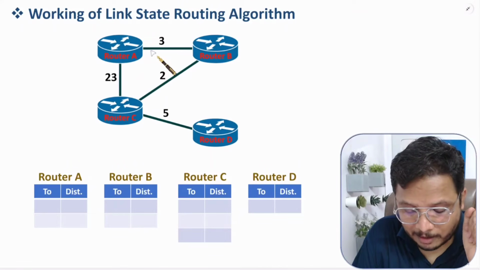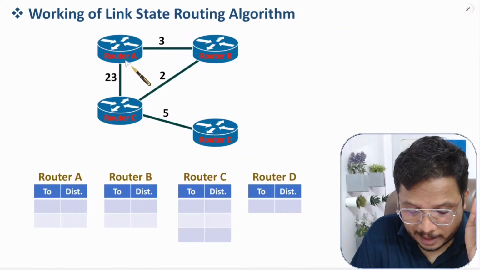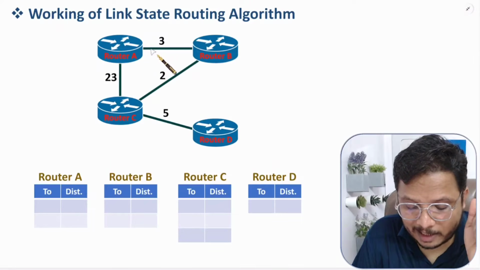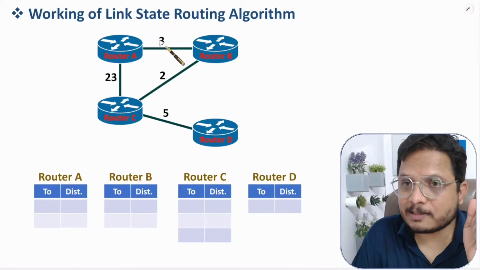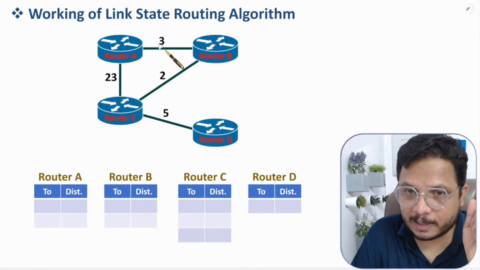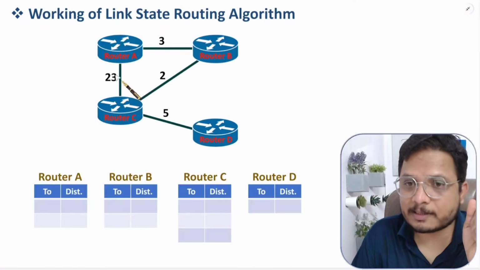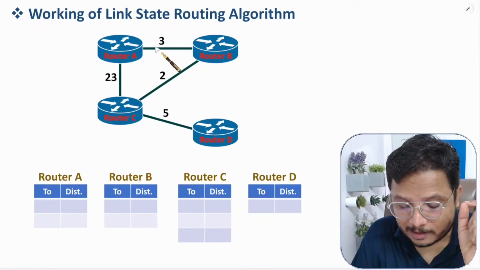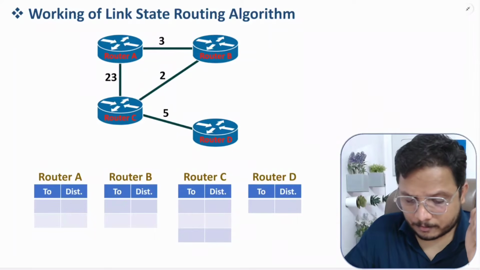A can forward hello packets to B, A can forward hello packets to C, and it takes an acknowledgement, and based on the acknowledgement, it identifies the distance magnitude. Here, between A and B the distance is 3, between A and C the distance is 23. So based on hello packets, it identifies the distance magnitude.